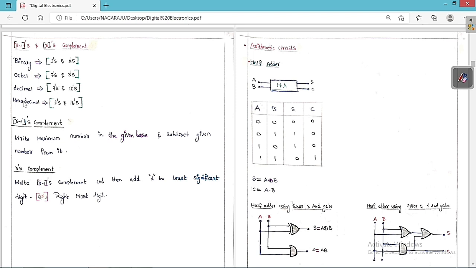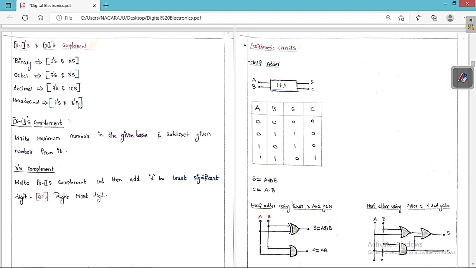And for the hexadecimal number system, the radix is equal to 16, so we are going to have the 15's complement and the 16's complement. So these are the complements which are going to be present for each and every variation.